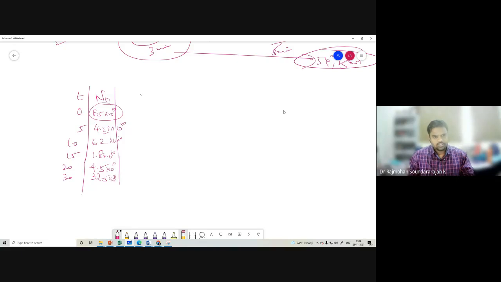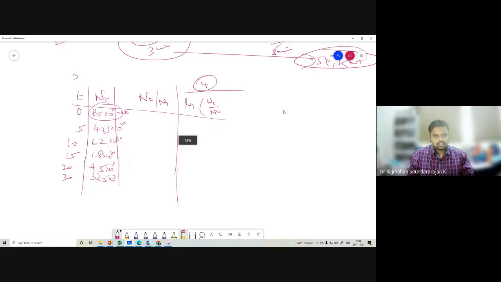Initial value is this, this is your n naught value. So to get the value for all this nt by n naught, you then calculate ln of nt by n naught. So this is your y axis, this is your x axis.